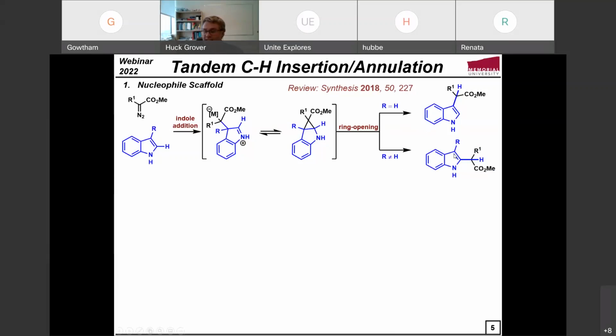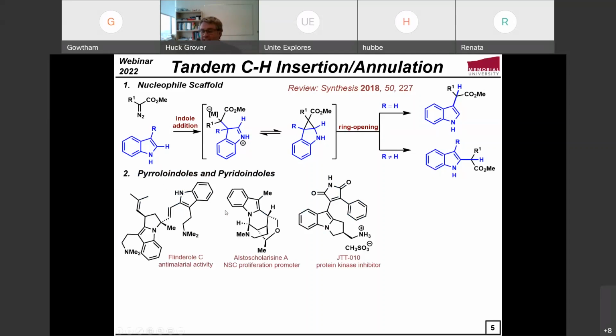Also, you can control the selectivity for a C2 insertion event when R is not equal to a proton via ring opening of this cyclopropane intermediate. So it's well known that indole undergoes reactions site selectively with diazo compounds and the metal generated carbenoids thereof.